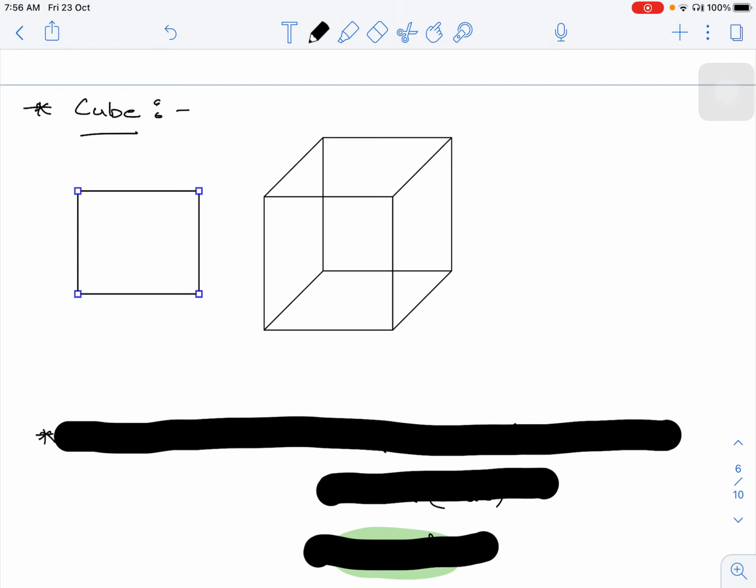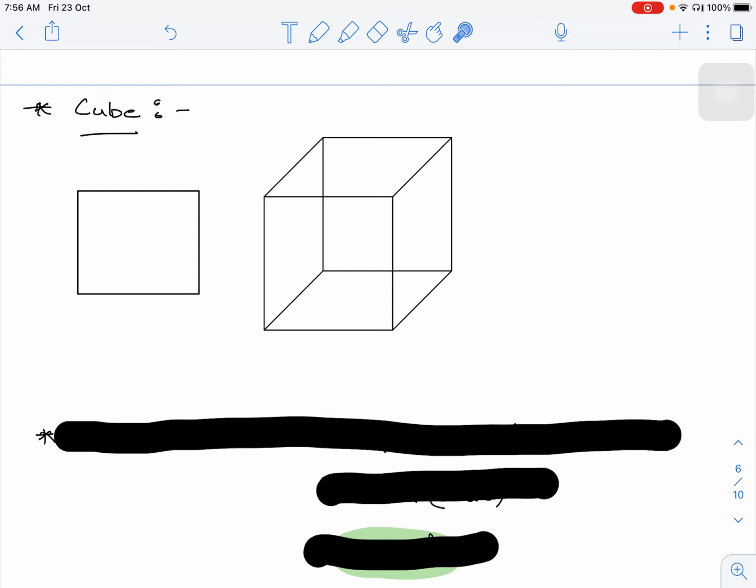Now, this one seems to be a square. So each face of a cube is what? It is a square. Now if it is a square, we know that each edge of a square is the same, that is, the length of all sides are equal.